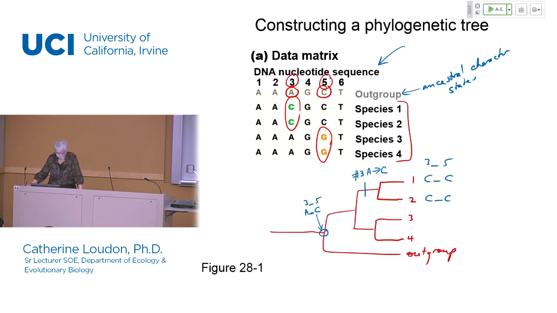In species 3 and 4, we have A and G at these same two locations, right? And if we compare this to the ancestral condition, it looks like they've retained A at nucleotide position number 3, where we see a change is nucleotide position 5. So again, similarly, we can hypothesize that at nucleotide position number 5, we had a transition from C to G.